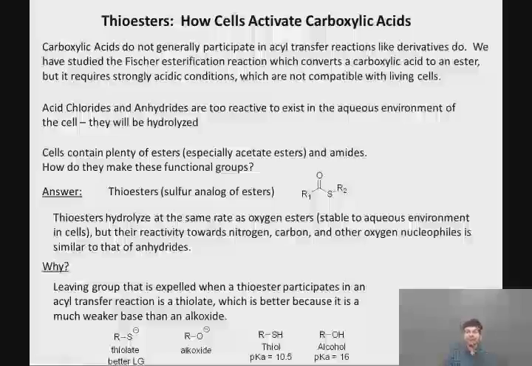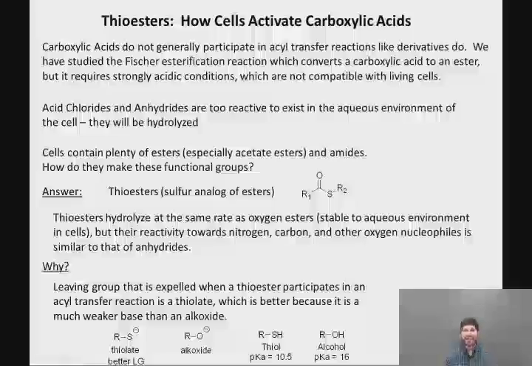Anhydrides are the next most reactive because they expel the next weakest base. So the leaving group that is expelled when a thioester participates in an acyl transfer reaction is a thiolate anion. The thiolate is the conjugate base of a thiol.